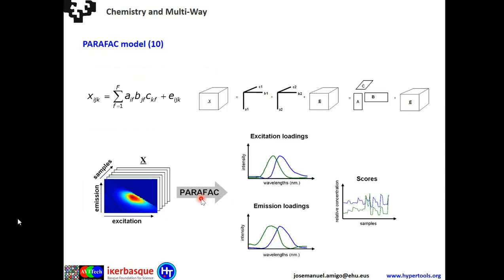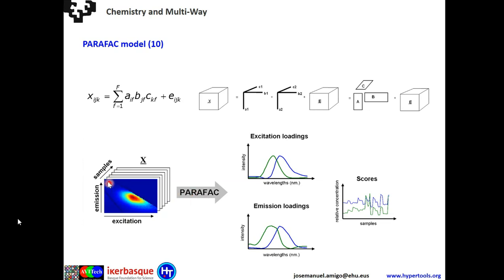Then there are some crucial differences to consider, and I think it's better to do it with an example. If you remember the previous presentation on multivariate curve resolution, Parafac could be considered as an extension of multivariate curve resolution from a three-way perspective.